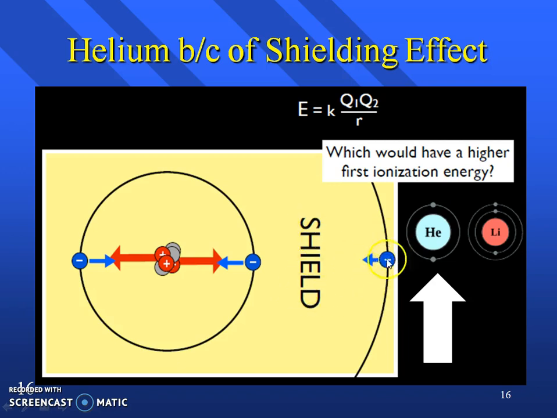So this 1 valence electron, this lonely guy, is shielded from the attraction between the positive protons in the nucleus and the negative core electrons. So there's some shielding going on there.